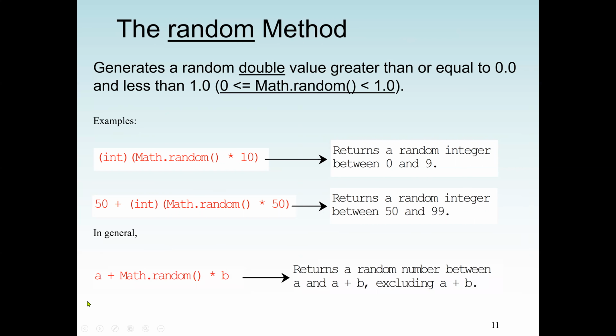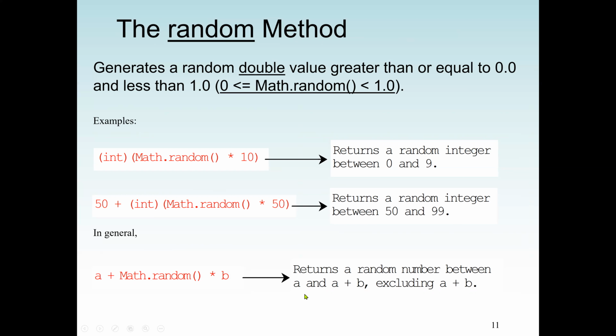And this is the formula to use, the concept here. If I want to generate a number from A up to A plus B, excluding A plus B, let's say I generate numbers from 10 to 19.